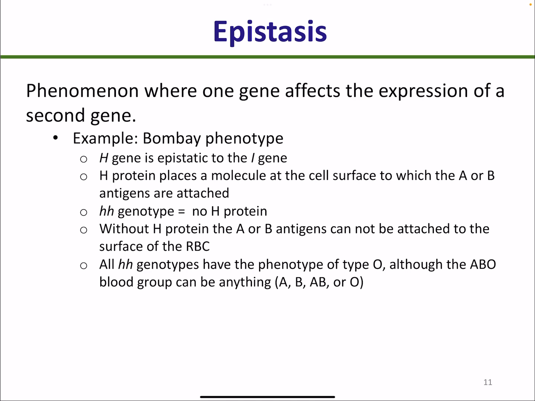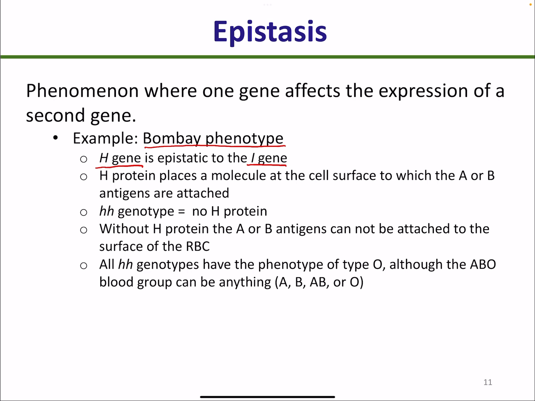So let's take a look at a blood type that we call the Bombay blood type or Bombay phenotype. In the Bombay phenotype, you have a particular gene that is the H gene. The H gene is epistatic to the I gene.